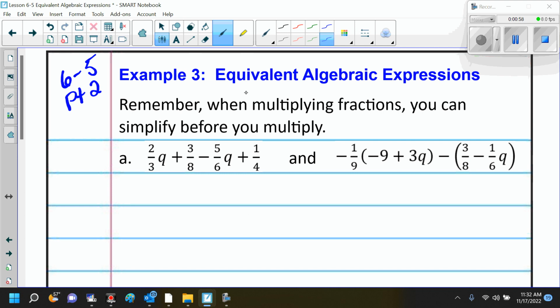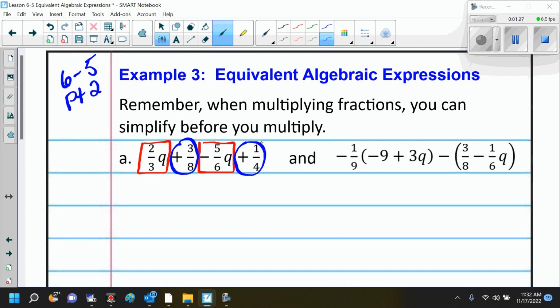So if we're looking at the first one, there's no parentheses. Now this one, we just need to put our like terms together. So the like terms are what? 2/3 q and negative 5/6 q. Very good. And then we've got a positive 3/8 and a positive 1/4.